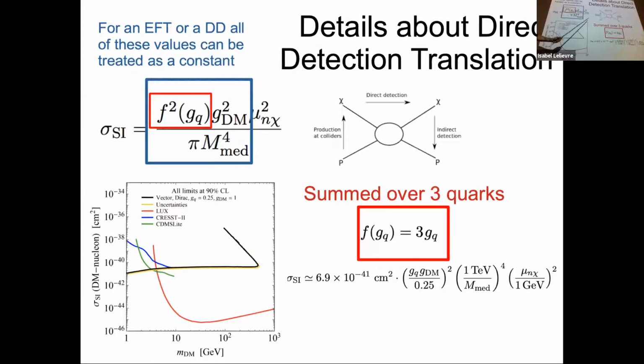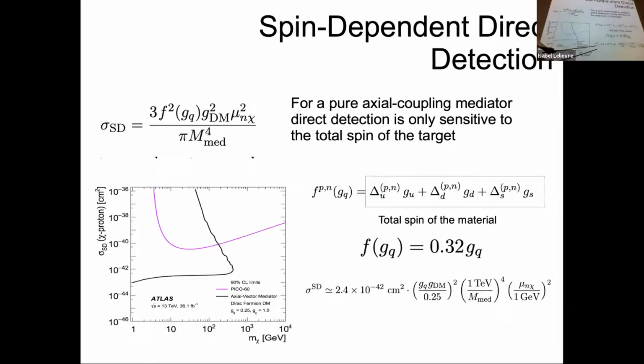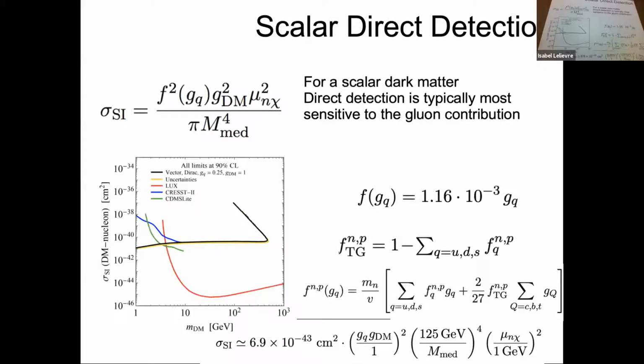But for the axial vector and the vector mediators, the mediator mass is heavier. The point being that for scalar mediators, we tend to be more competitive with direct detection compared to vector mediators. And for axial vectors, we tend to be way more competitive, mostly because the spin dependent direct detection bounds are not very strong.